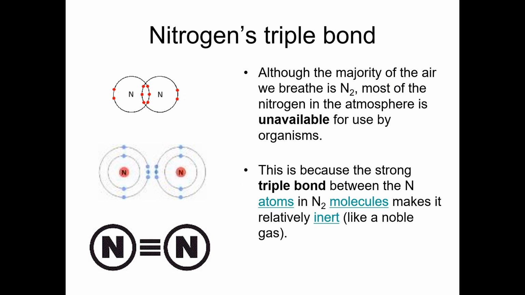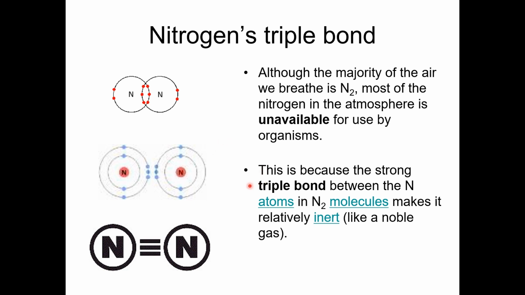As we see here, the nitrogen atoms are connected by a triple bond. Though the majority of the gas in the atmosphere is N2, it is not available for the usage of organisms.